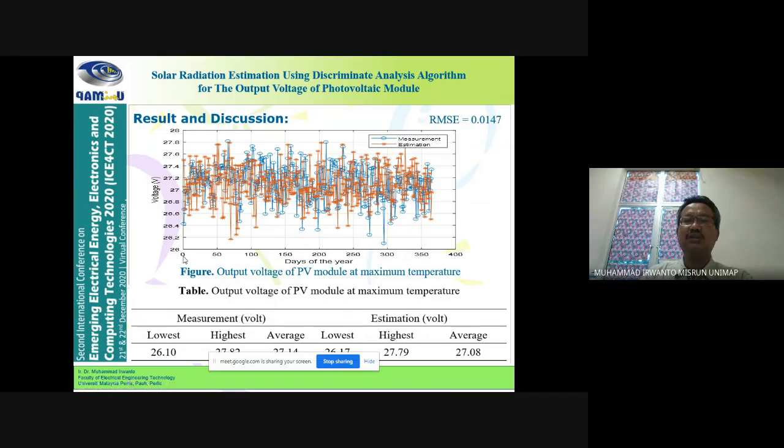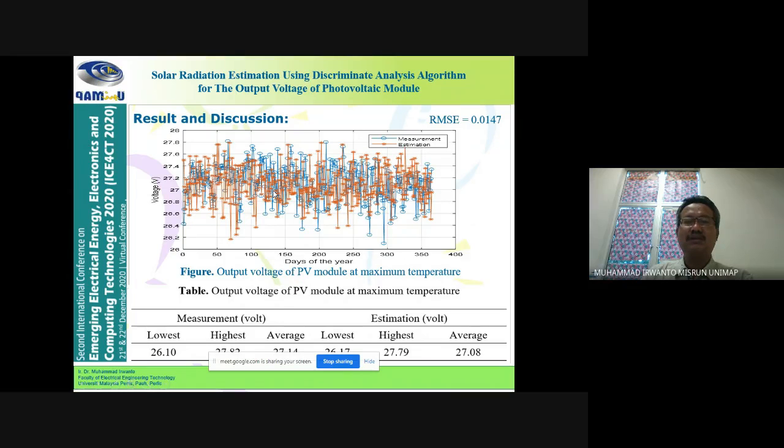It is for the daily output voltage of the PV module, obtained based on the formulation before and on the estimated and measured solar radiation. The estimated and measured output voltage of the PV module is given by this one.